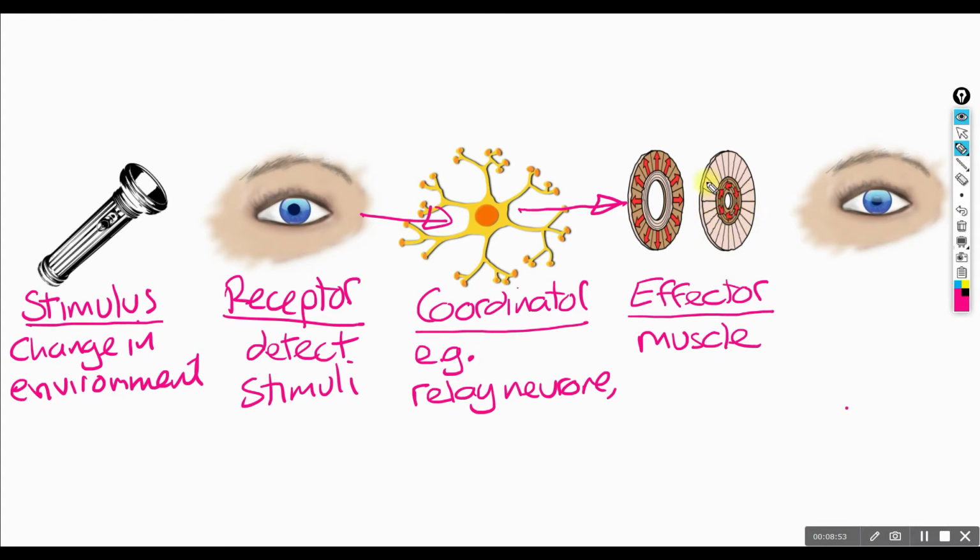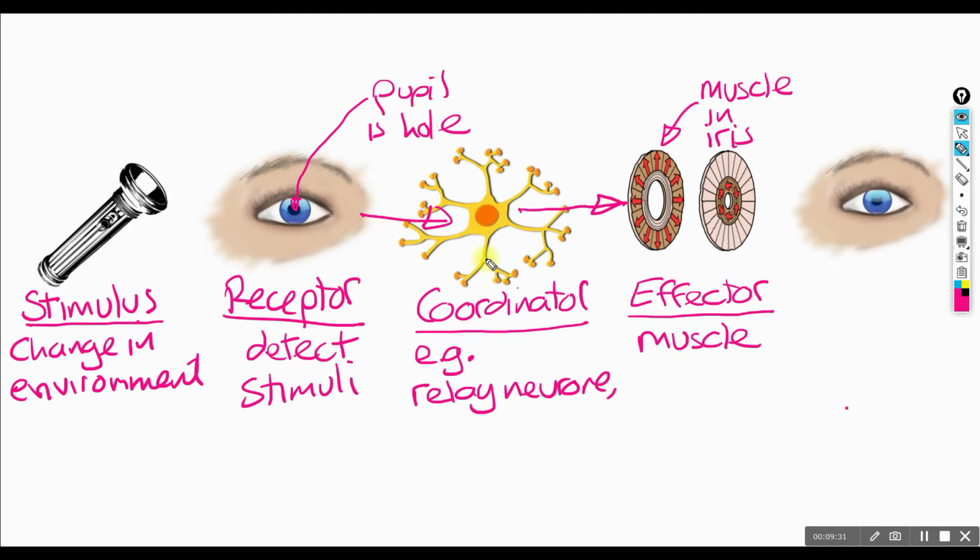And in this picture, we're talking about muscles in the iris of the eye, because they change the size of the pupil. Remember, the pupil is the hole in the eye. And if someone shines a bright light into your eye, well, the receptor in the eye will detect it.